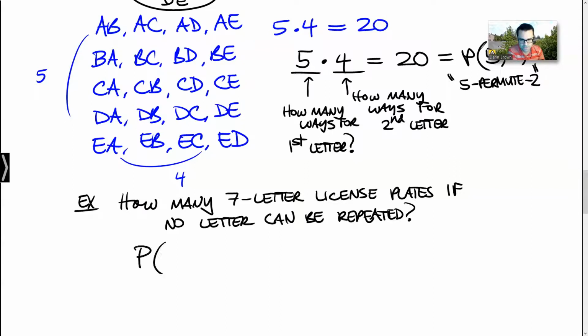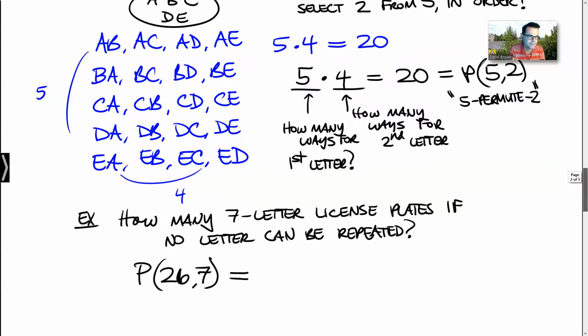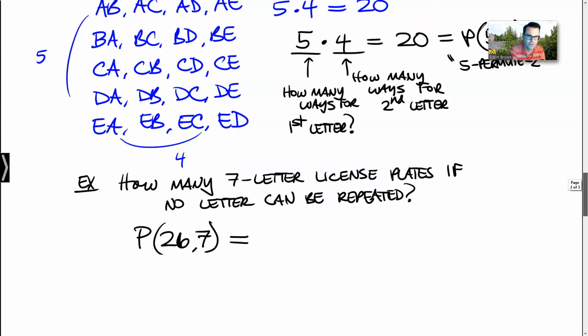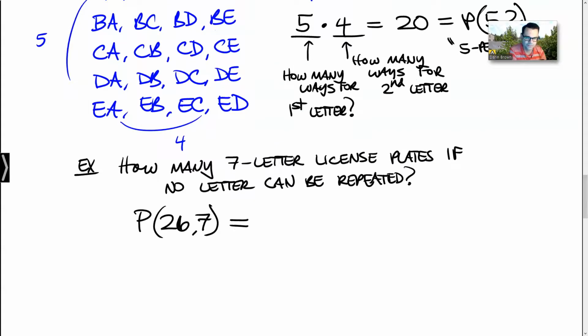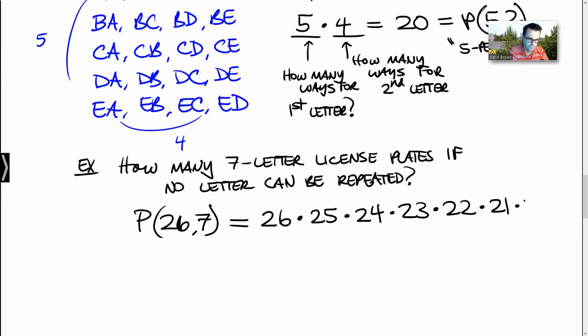So this would be 26 permute 7. Notice that however many you're selecting, that's how many factors. So the way to think about this is you start off at 26, 25, 24, 23, 22, 21, 20. That's 1, 2, 3, 4, 5, 6, 7. And then you would multiply all of these up.